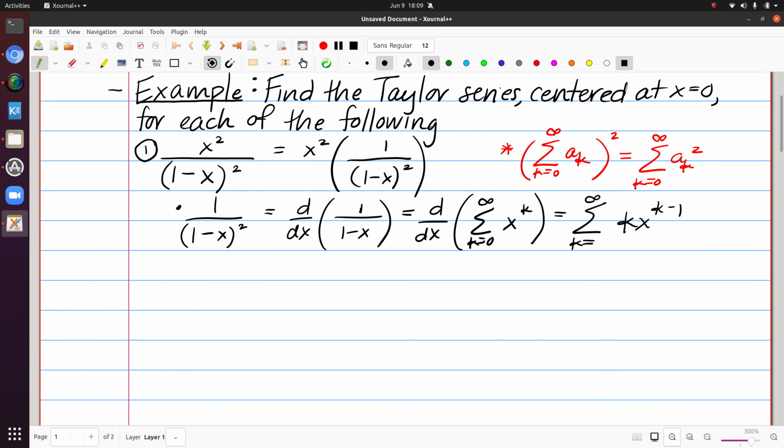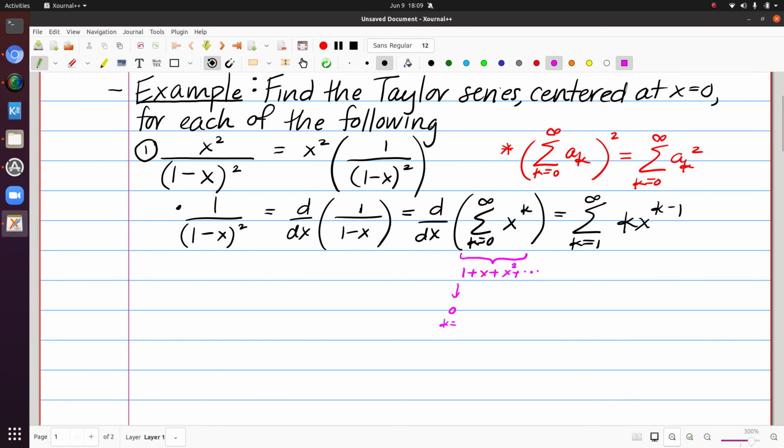And this is an example where I actually want to change the starting index to 1. The reason is that if we were to write out these terms, the first term would be 1. If you take the derivative of 1, you're going to get 0.